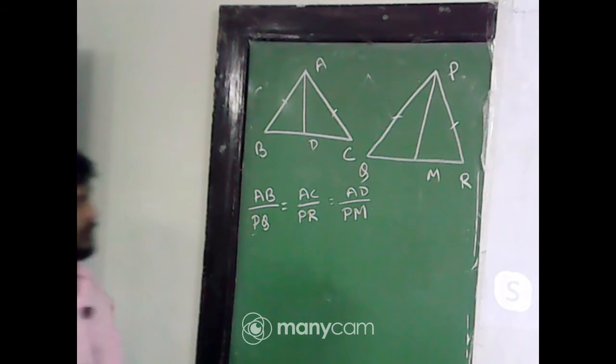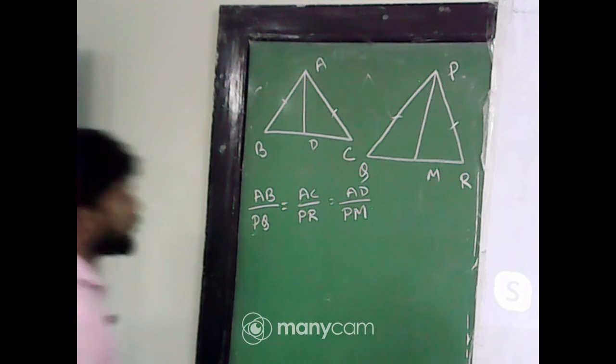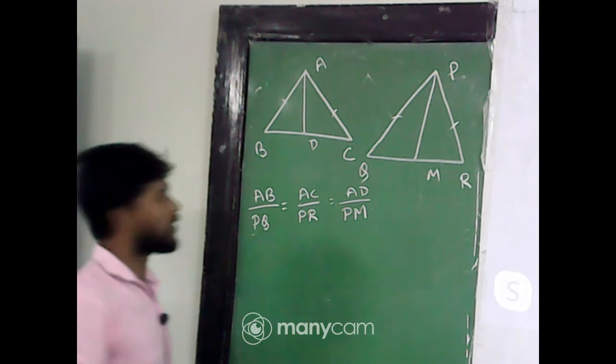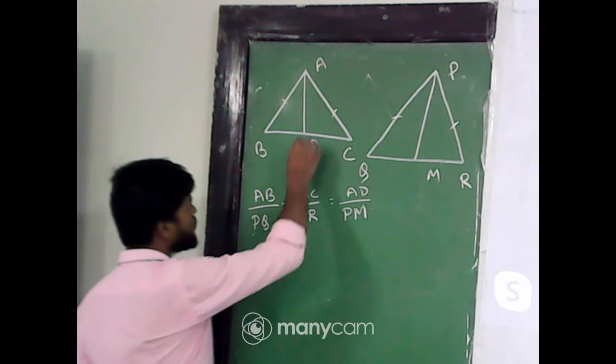This is given. What we have to prove? We have to prove the triangle ABC and the triangle PQR are similar to each other. Now, the question is how we can prove that the triangles are similar. To prove this, we have to draw a construction.